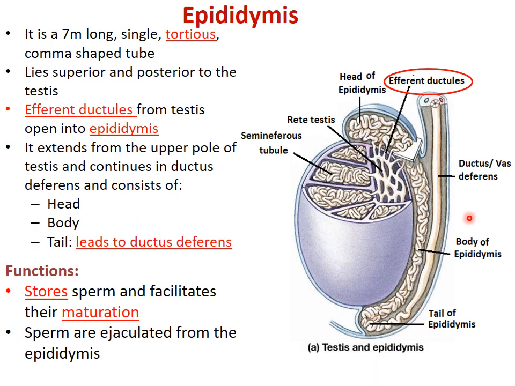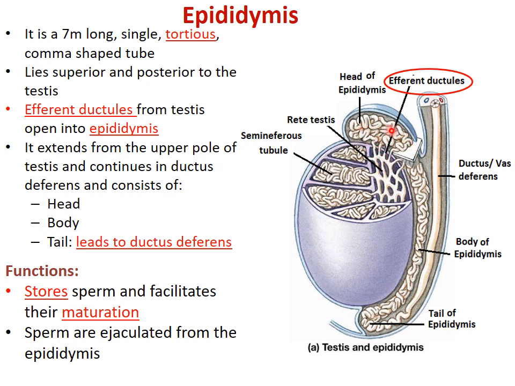Now the epididymis, it is 7 meters long. So you can see the testis, tunica albuginea, septa, lobules, compartments, 200 to 300 seminiferous tubules. The seminiferous tubules are connected with the rete testis by means of straight tubules, right? And this rete testis is connected only with the head of the epididymis by means of efferent ductules.